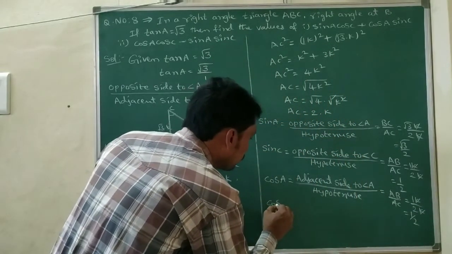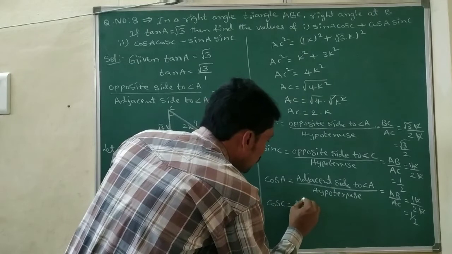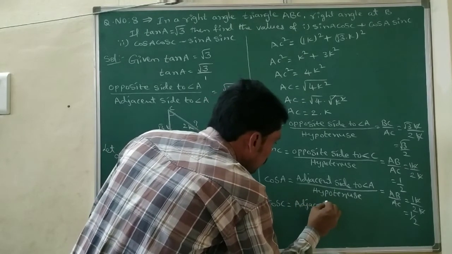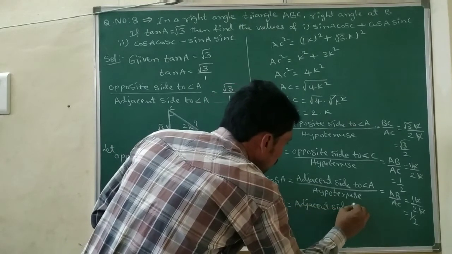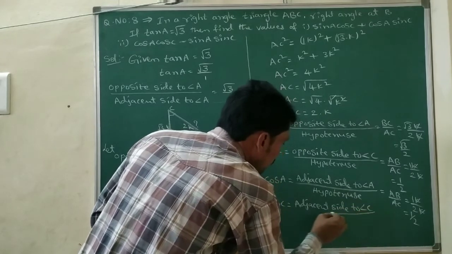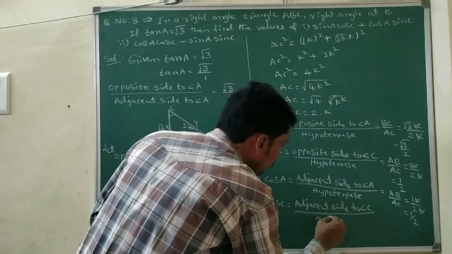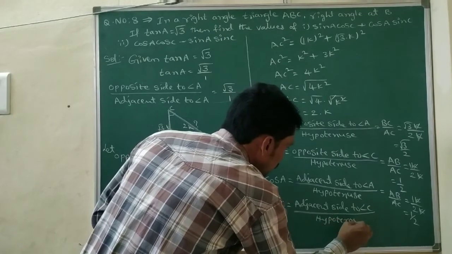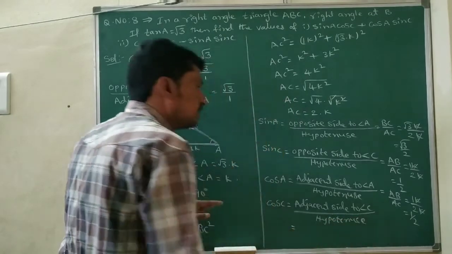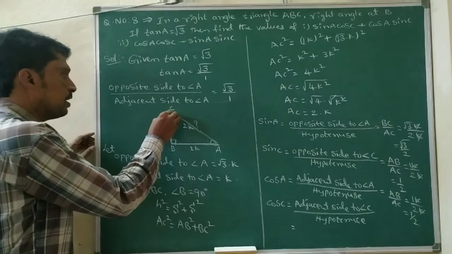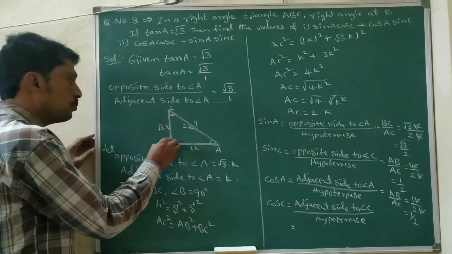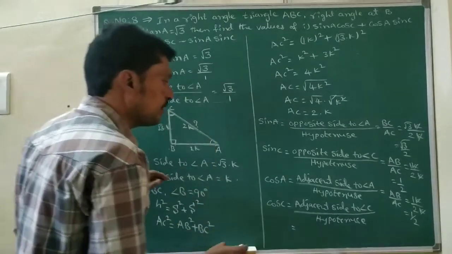So cos C. Cos value is adjacent side to angle C by hypotenuse. Here the adjacent side is BC and the hypotenuse is AC.